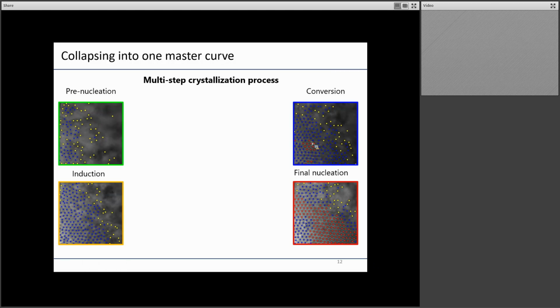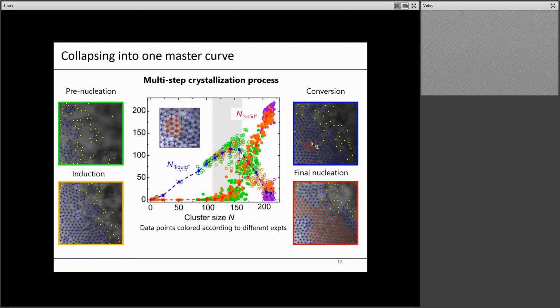So in other words, this crystallization is a multi-step process with a dense amorphous liquid state as intermediate. And this is repeatedly so in multiple movies, as we show in this master curve. And I'd like to comment, such multi-step crystallization has actually been characterized in protein crystallization before, possibly because of very similar building block size and interaction ranges.